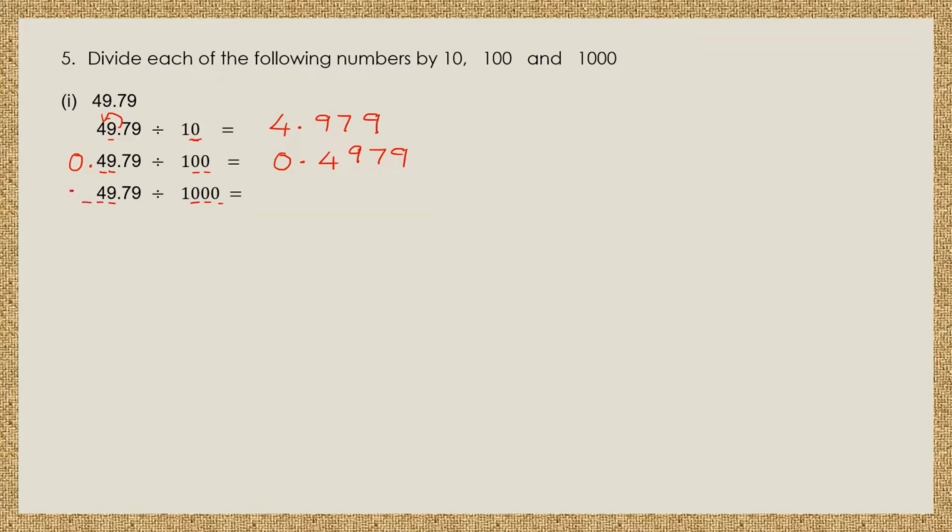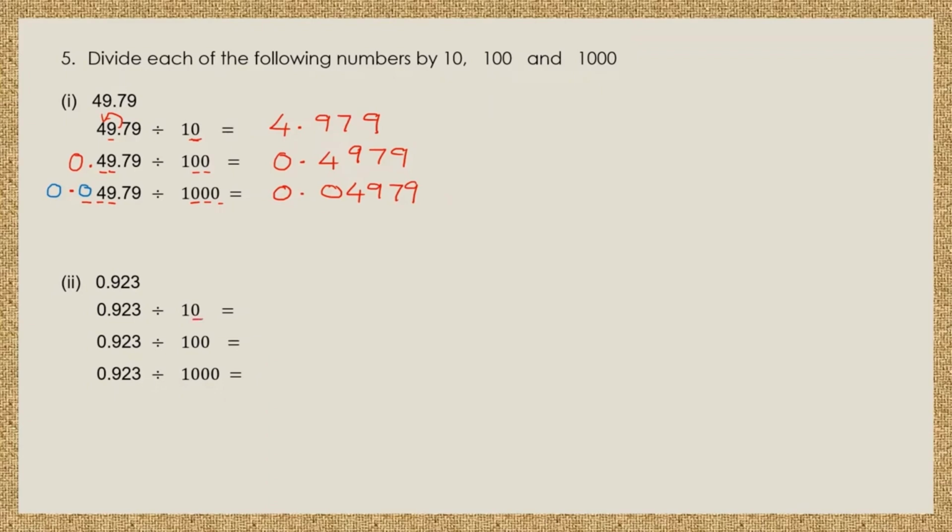Now what do I do in this place where there is no number? I have to put a 0. And since there's no number before it, another 0 there. So what is my answer? 0.04979.